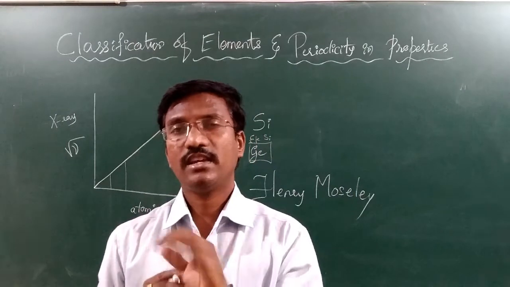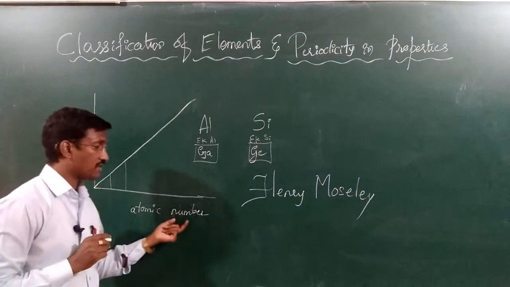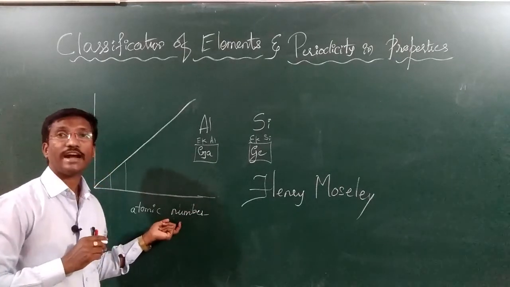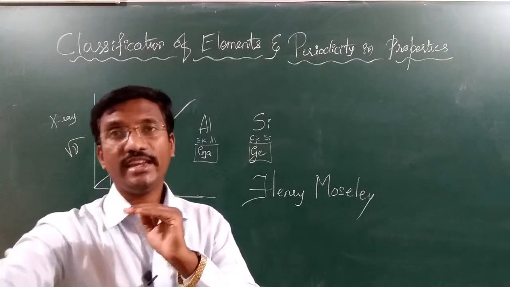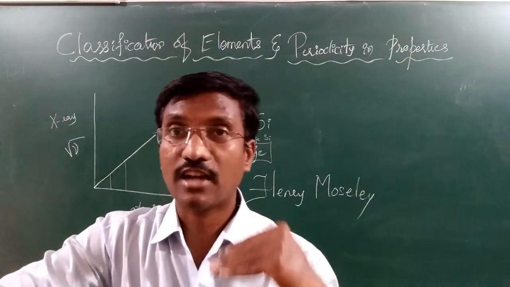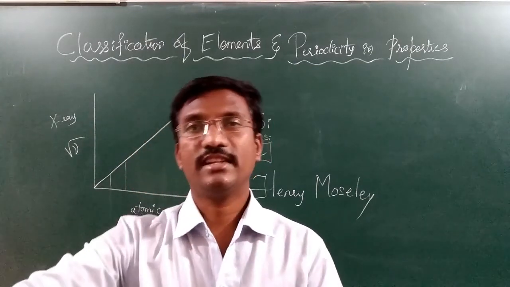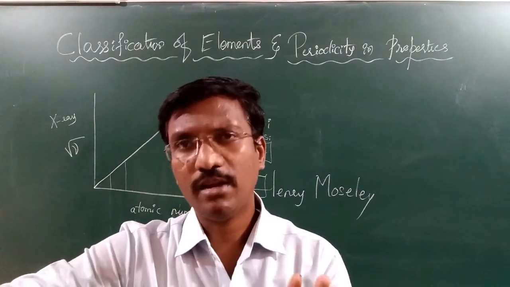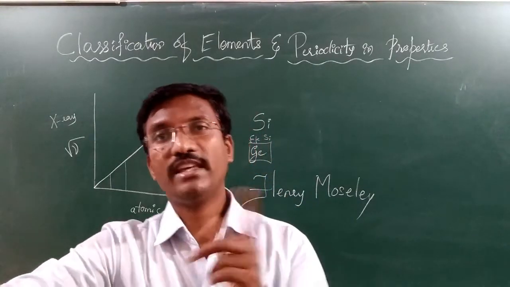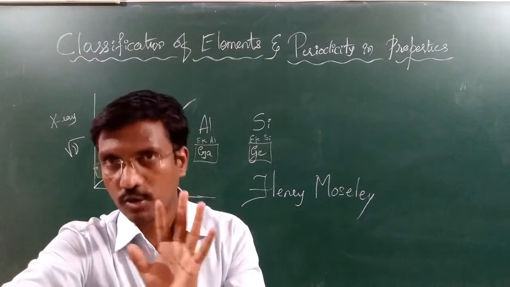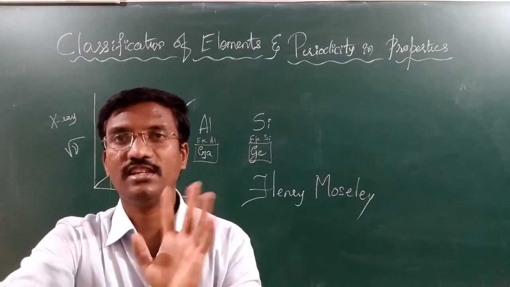So he concluded that instead of arranging the elements by atomic mass, it's better to arrange them on the basis of atomic number. Why? Because they give a very neat, linear graph for the X-ray frequency. Mendeleev arranged the elements on the basis of atomic mass, whereas this fellow arranged the same elements on the basis of atomic number. These are the two differences.